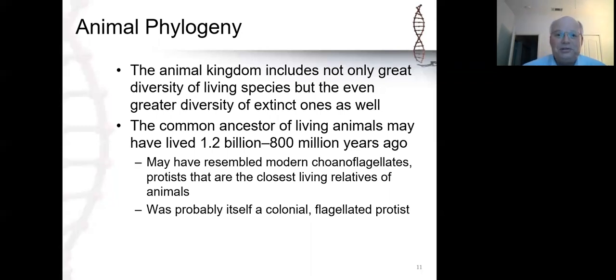What we do know is that the best fossil evidence, or the most consistent fossil evidence for the presence of animals, doesn't really start to appear until about 560 million years ago, in a time period called the Ediacaran.